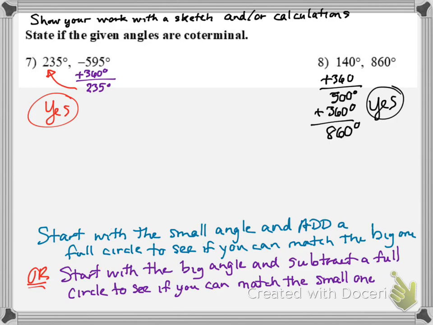But the question is, how would it have ever been a no? I should have made up a good no example, but what if they gave me 140 degrees and they gave me 900 degrees?